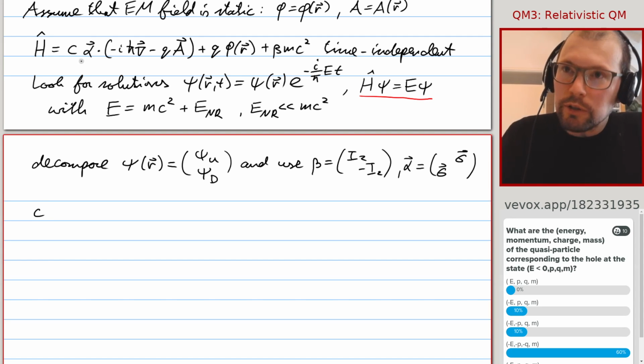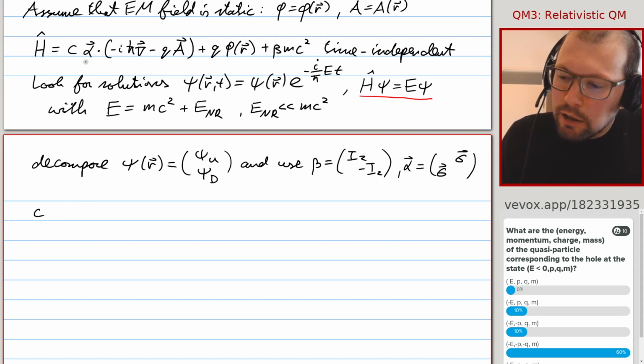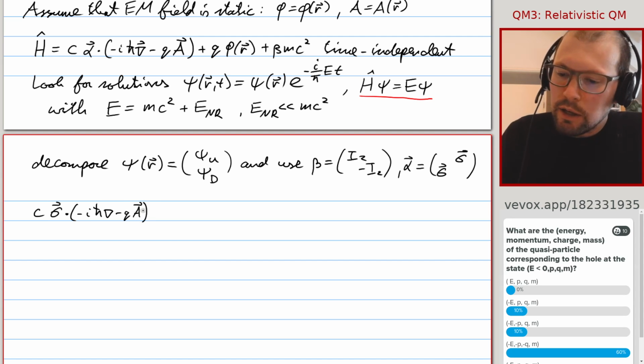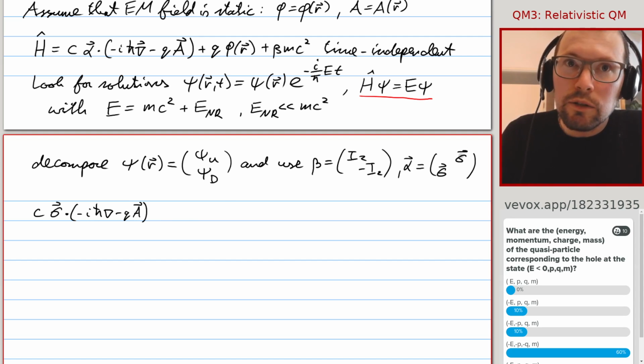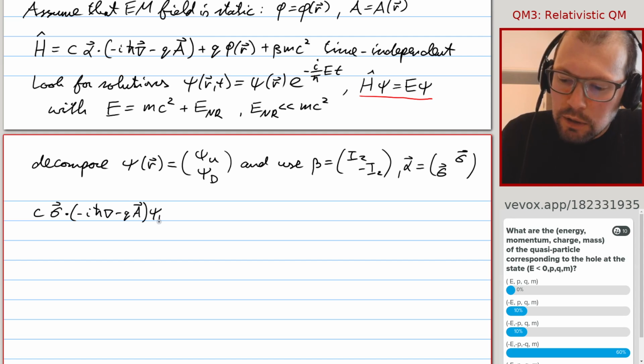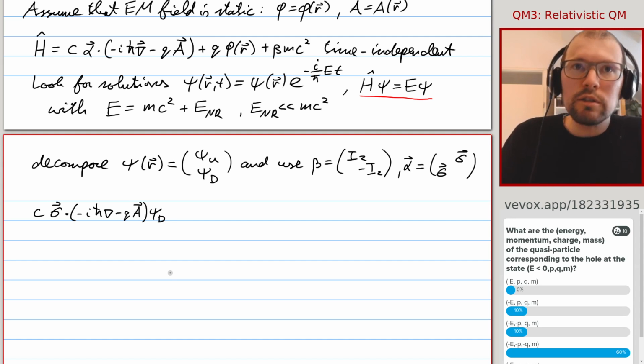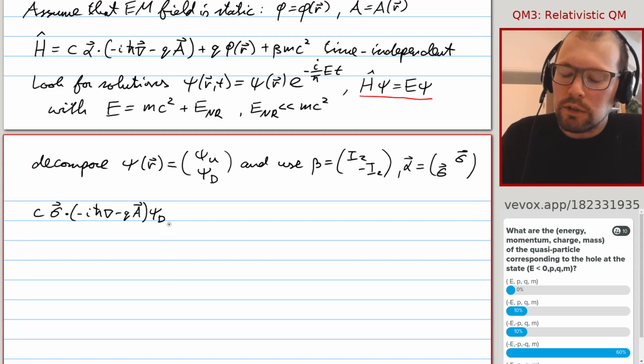So for the first component, we get the alpha, that becomes a sigma, times, since it's an off-diagonal block, the down part of the spinor.